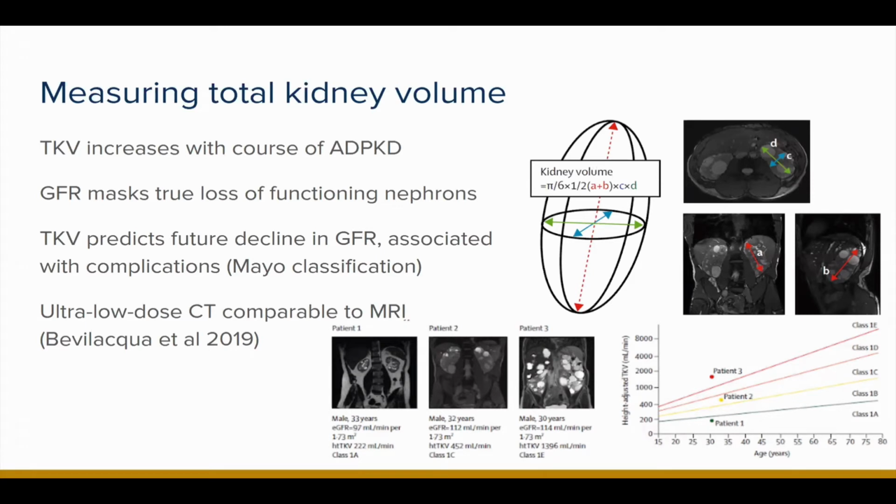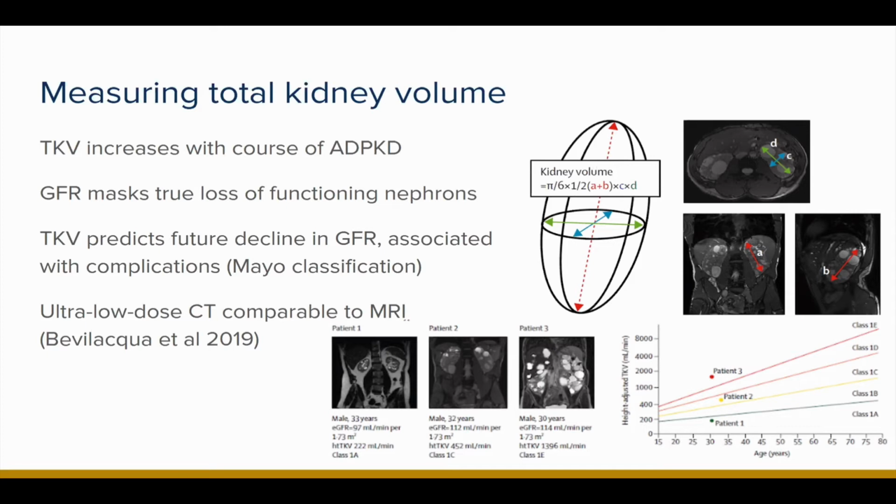And the limitation with measuring GFR is that it may mask the true loss of functioning nephrons due to the presence of hyperfiltration, which I discussed earlier. And therefore, there's been a classification, the Mayo classification, which has been developed to assess the future risk for decline in GFR, and it's seen in the bottom right here to classify patients based on their size at a given age.